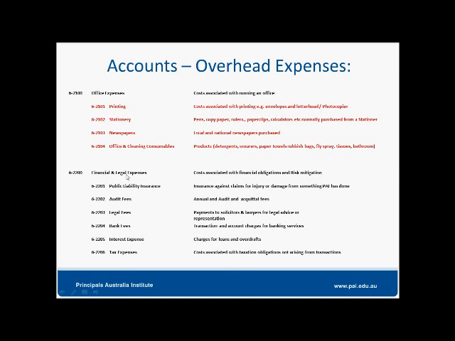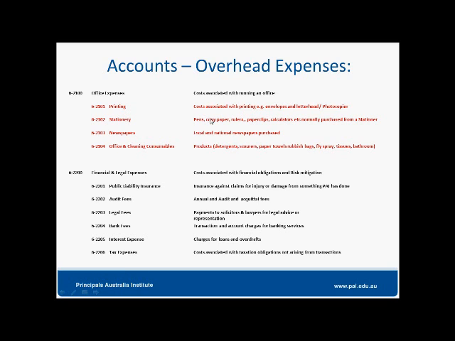Overhead expenses, and again I've highlighted in red those you're most likely to come across, and you can see that in the office expenses grouping we've got printing, stationery, newspapers, cleaning and consumables. One thing to note here is the difference between cleaning and stationery, or office and cleaning as opposed to stationery.